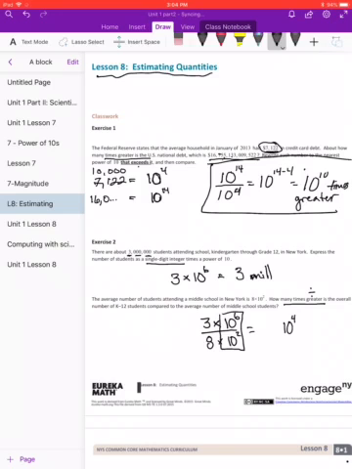I subtract. 6 minus 2 is 4. I can divide 3 by 8, and it would give me 0.375 times 10 to the fourth. And if I did that, I move my decimal 4 places: 1, 2, 3, 4. About 3,750 times greater.